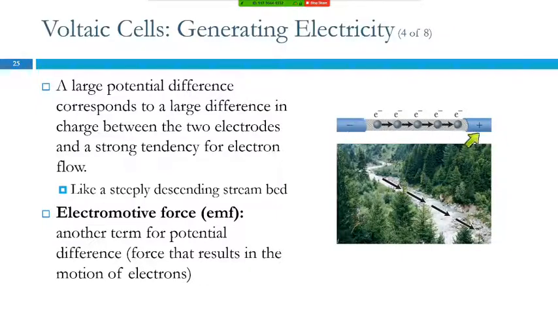Again, if there's a large potential difference here, the electrons flow quickly, and if there's a small difference, they will not flow as strongly. So what we talk about as the electromotive force, or EMF for short, that's another term that describes potential difference. It's the force that results in the motion of electrons.